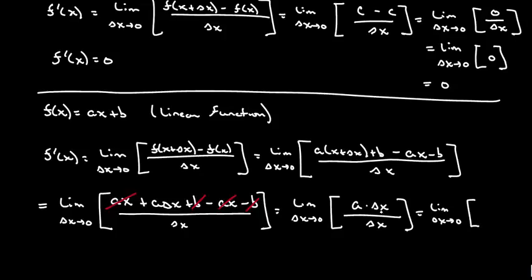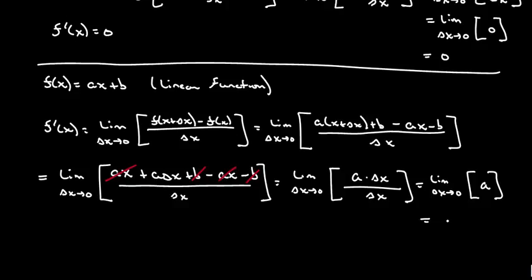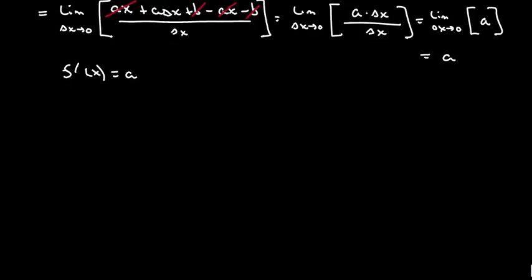So we can cancel these out, no problem there. And a again is a constant, it is our slope. So this is equal to a. So f prime of x is the slope. And that makes sense. The rate of change, the derivative, the slope of this line is, look at that, it is the slope. Okay, so those are the two easy ones.